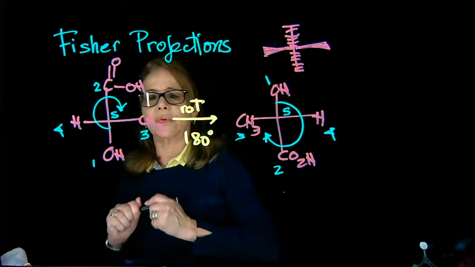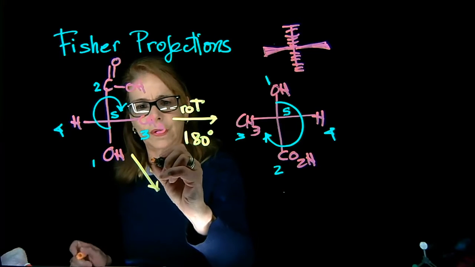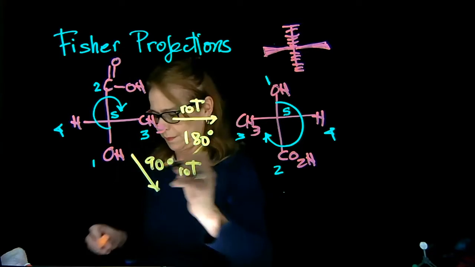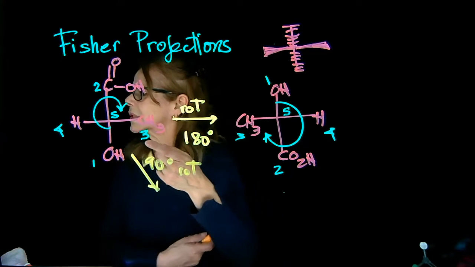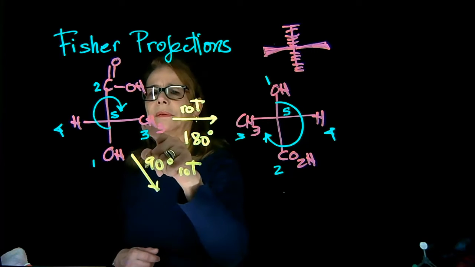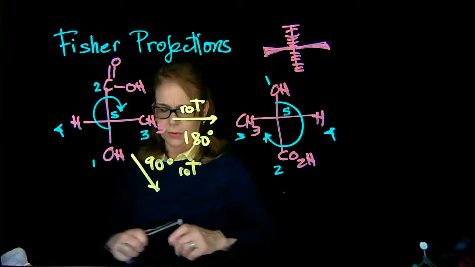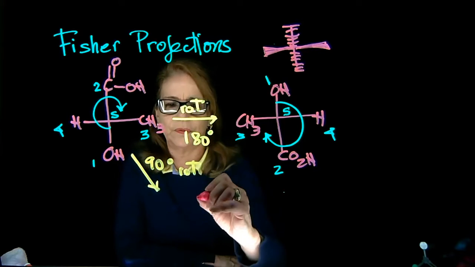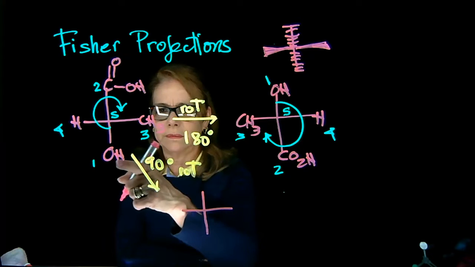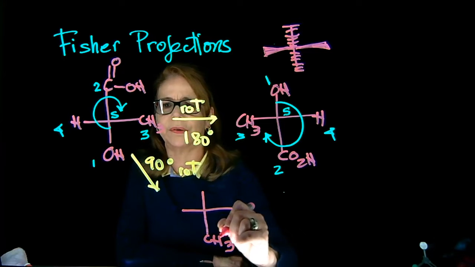So now I'm going to do a different rotation. Say that from this structure, I'm going to do now a 90-degree rotation. So, in other words, I am going to say the methyl is here, I'm going to put it here. So let's do that. Again, 90, meaning CH3 is going to be here.